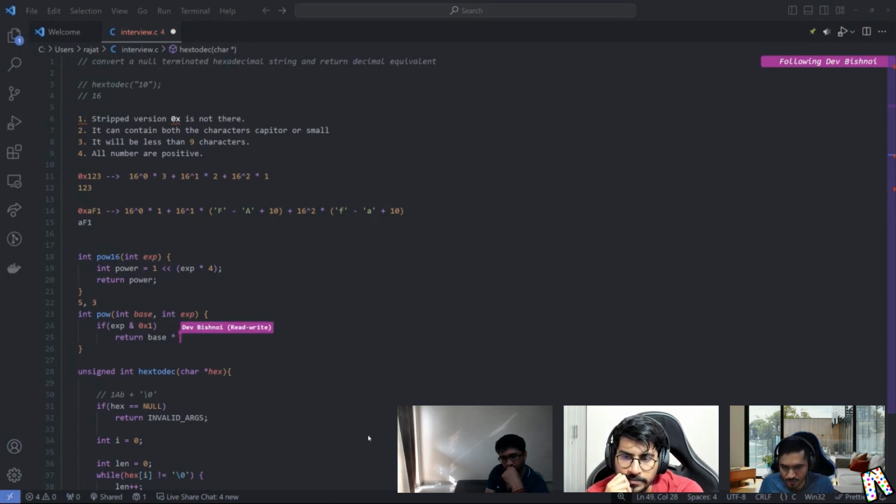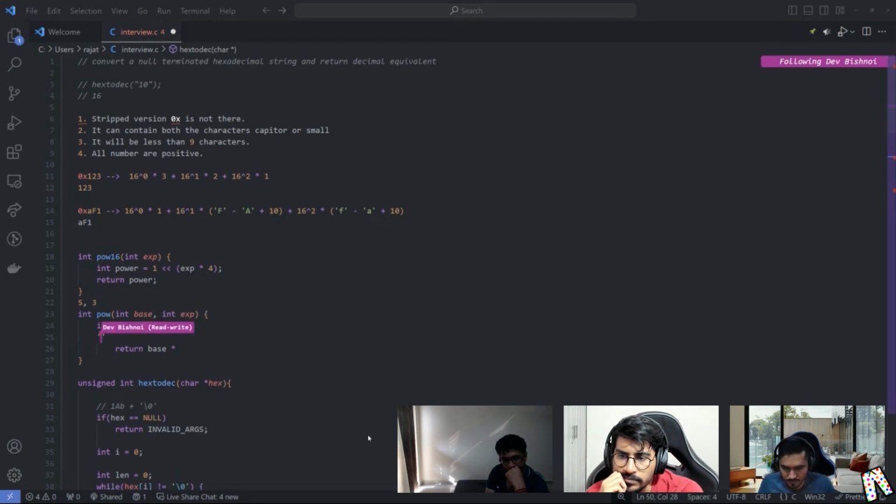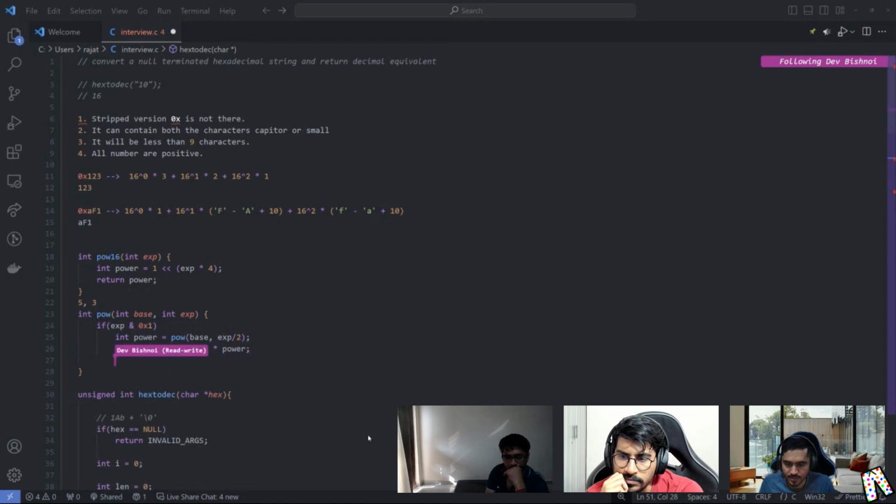So base into power, and then base to the power exponent by 2. And I can calculate this int power, some power value, and then return power into power. So that's the one. Okay.